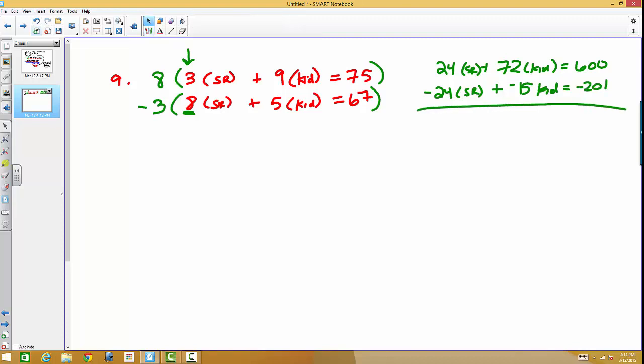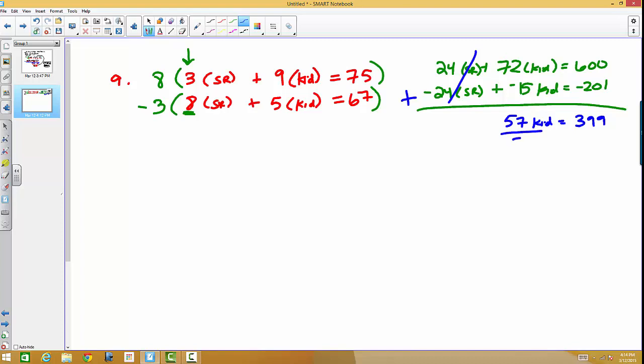So you would add to eliminate. Through addition, these eliminate. So 72 minus 15 is 57. And 600 minus 201 is 399.